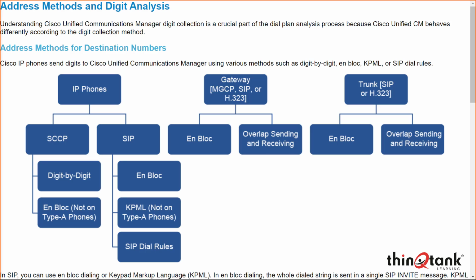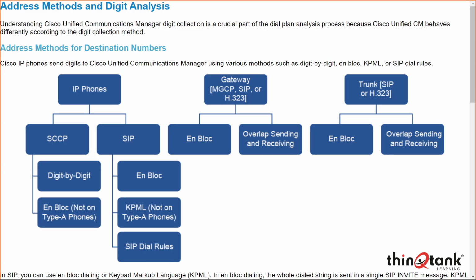I want to get through the rest of this, and then with our trunks, our SIP trunks or our H323 trunks, we have en block or overlap sending and receiving. I don't know that this is going to be on the exam or not, but you might want to commit it to memory because it could be something they could ask about.